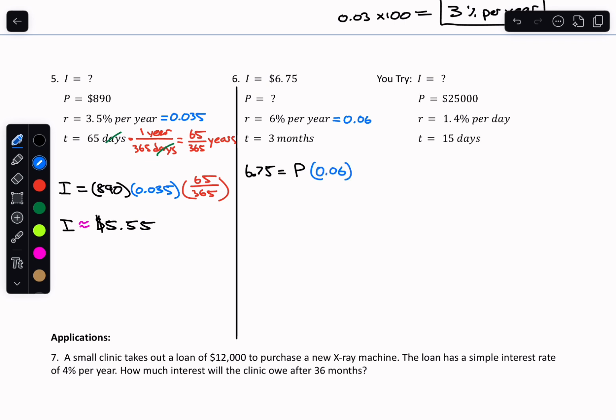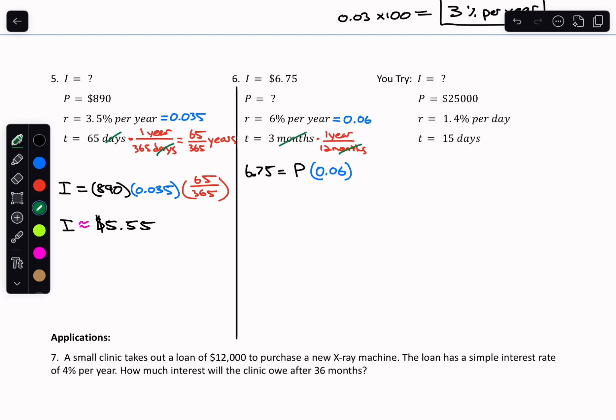Okay, remember we're always converting percents to decimals. But then we have 3 months as our time. And notice that our interest rate is per year and our time is in months. So we want to go ahead and convert months into years. We've actually done this conversion already. We're going to do that 1 year is equivalent to 12 months. So I can put 1 year on top, 12 months on bottom.